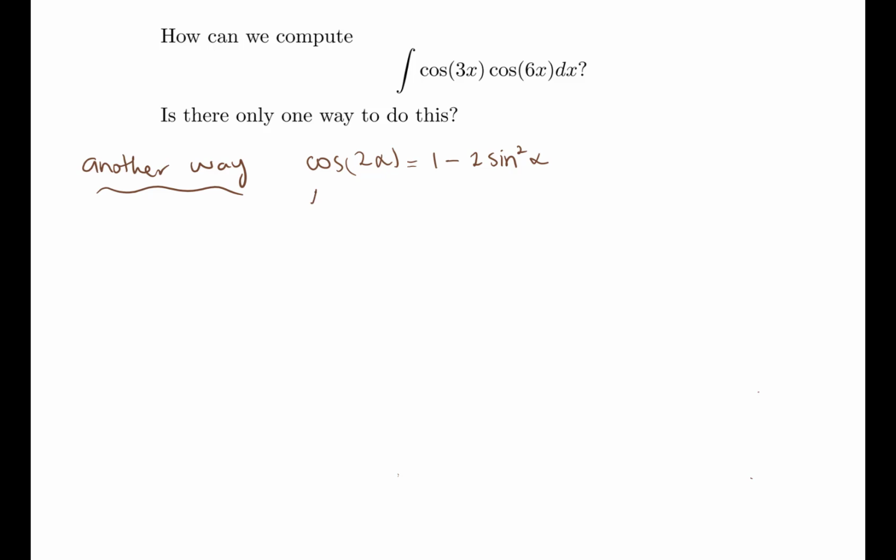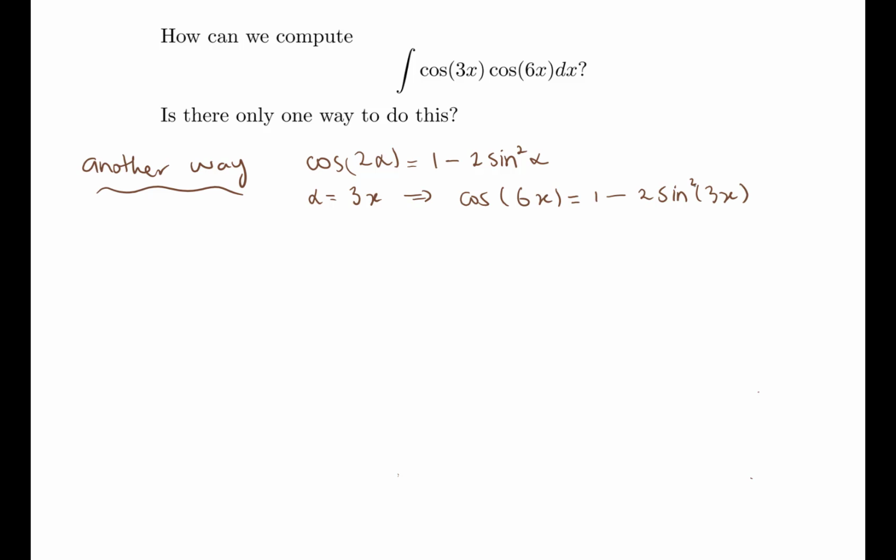So we can take alpha equal to 3x, and we have that the cosine of 6x is equivalent to 1 minus twice the sine squared of 3x.